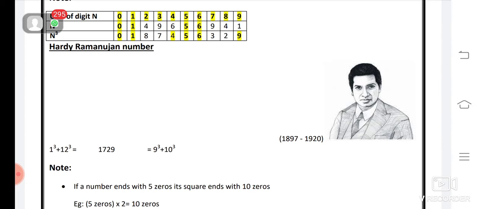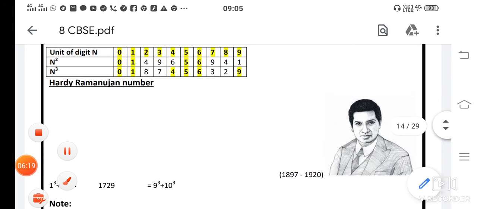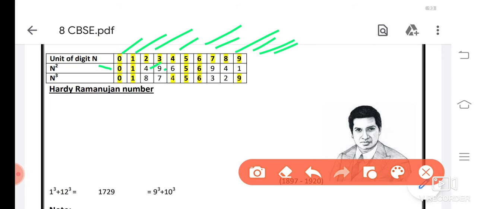Now for n square and n cube, I have given here so that you can watch it. Here 0 is there, 1 2 3 4 5 6 7 8 9. 0 square is 0, 1 ones are 1, 2 twos are 4, 3 threes are 9, 4 fours are 16.